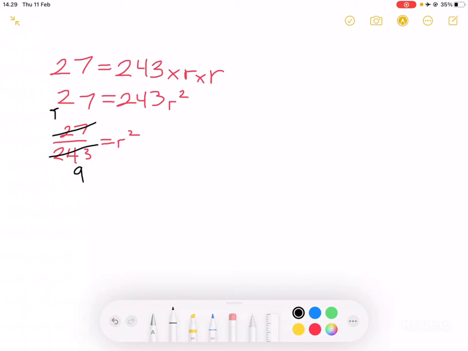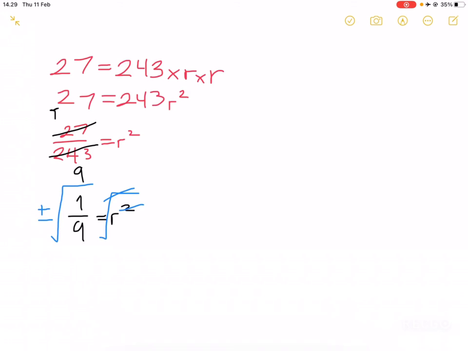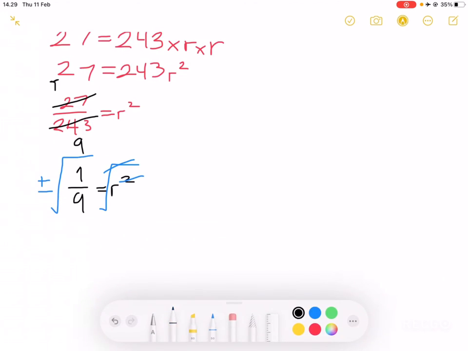Next, I'll write 1 over 9 equals R squared, and therefore we can take the square root. And since we're taking square roots, we might as well put a plus or minus, leaving us with two possible values for the ratio. R is positive 1 over 3, or R equals negative 1 over 3.